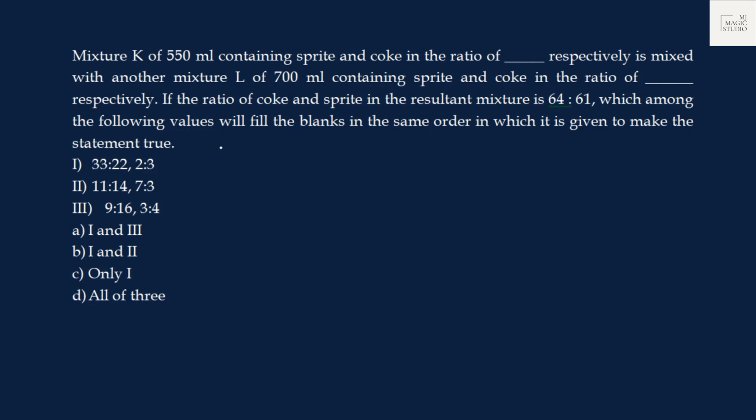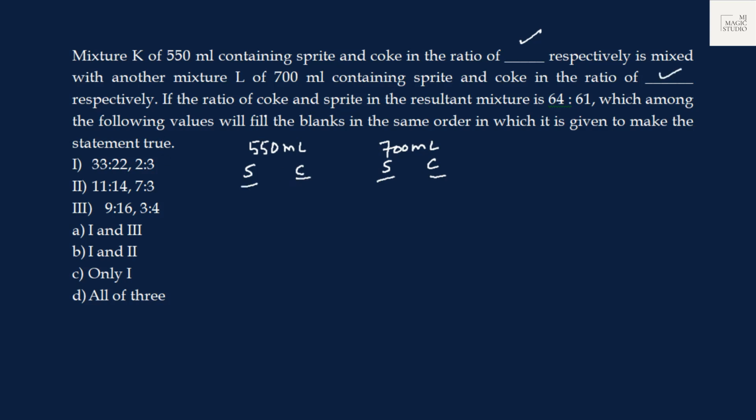Mixture K of 550 ml contains Sprite and Coke in the ratio of something, and is mixed with another mixture L of 700 ml containing Sprite and Coke in the ratio of something.